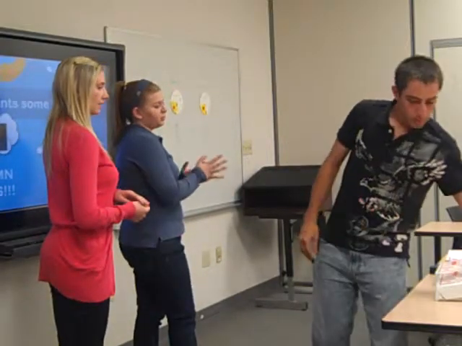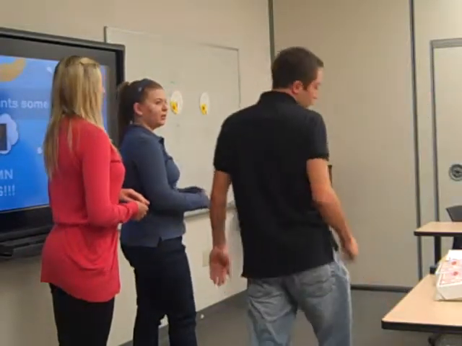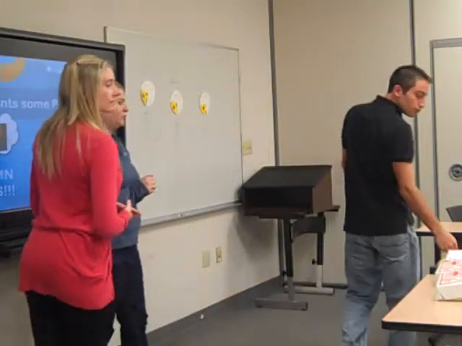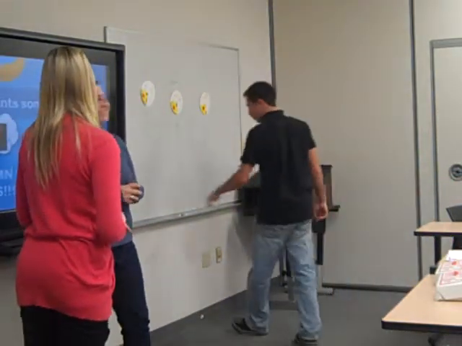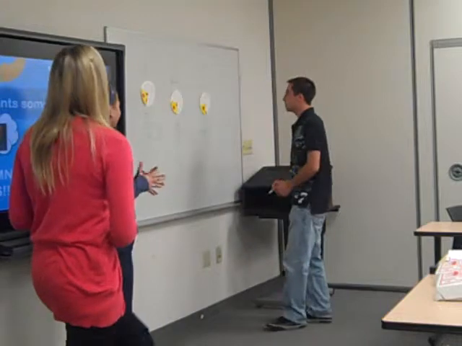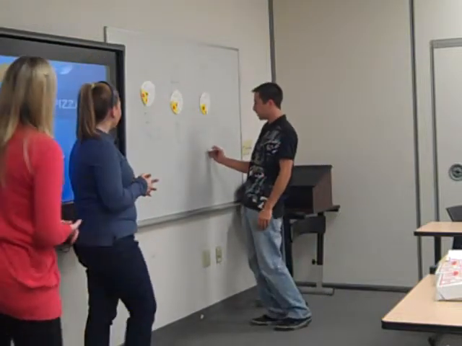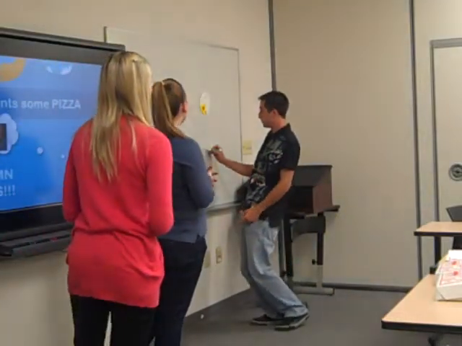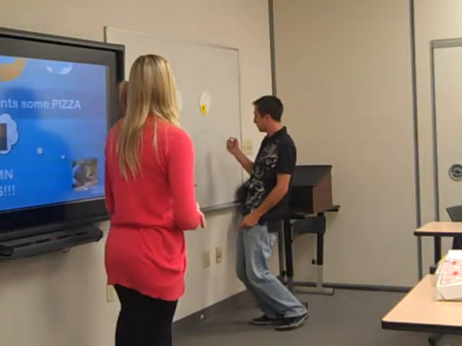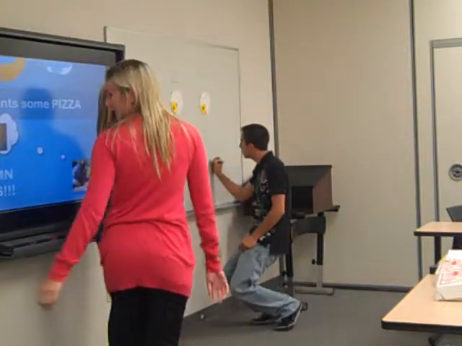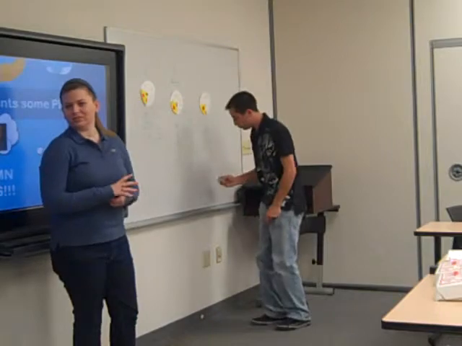So Joe, can you please go up to the board and write down how much was taken out of the pie, how much your group has eaten so far? Altogether, like 3 more slices.